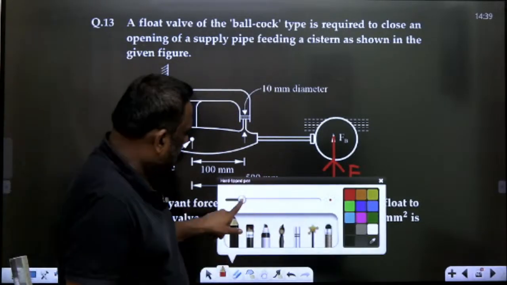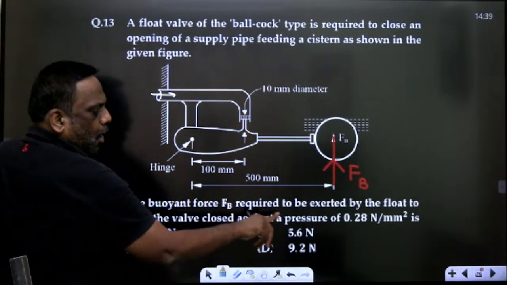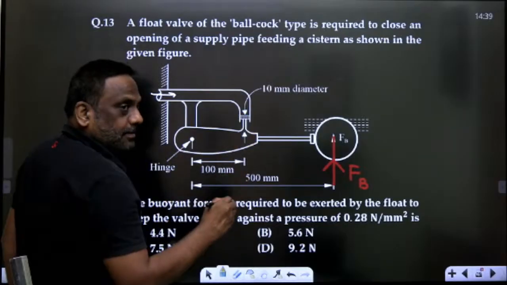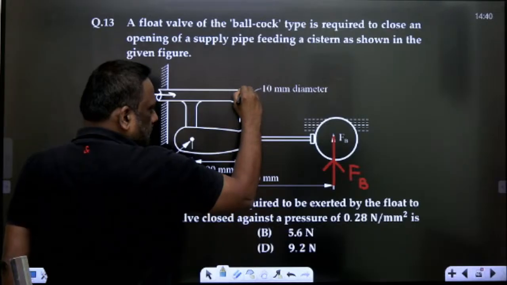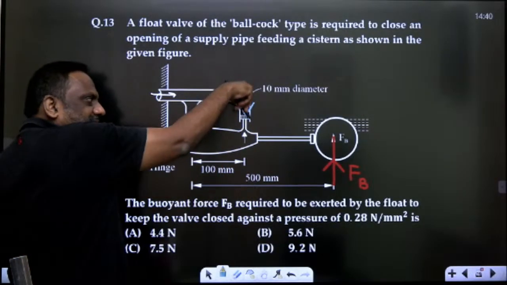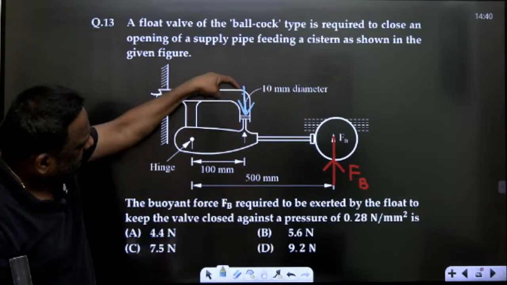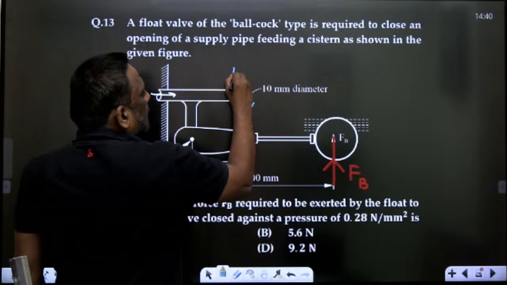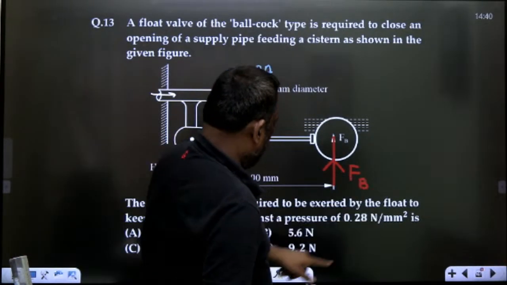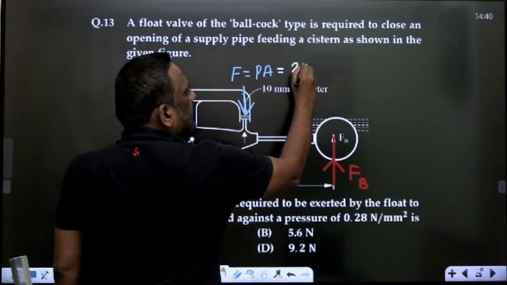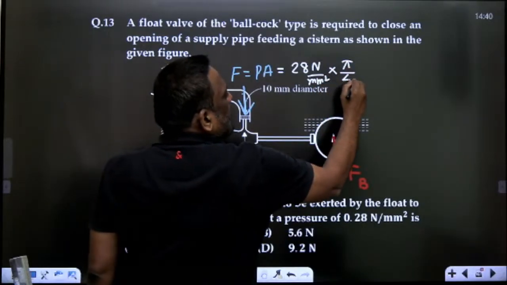And you also know very well, my dear students, that the pressure is given here. How much is the pressure given? 0.28 N/mm². The fluid in the pipe exerts pressure like this. Can I calculate this force? Force is equal to pressure into area. The pressure is 28 Newton per mm square, and the area is π by 4 d square.